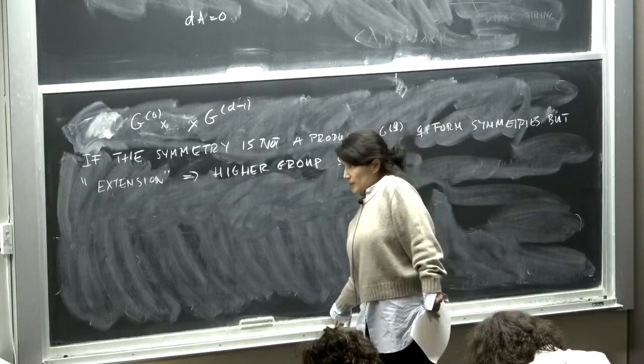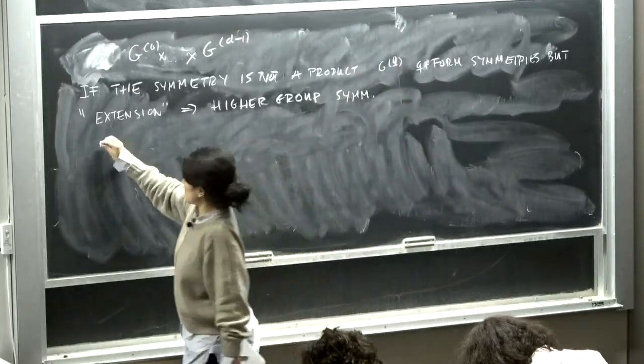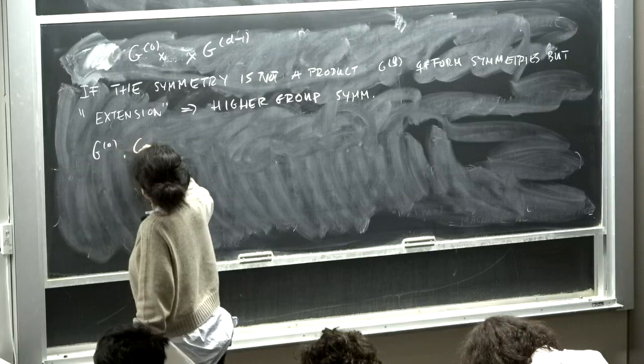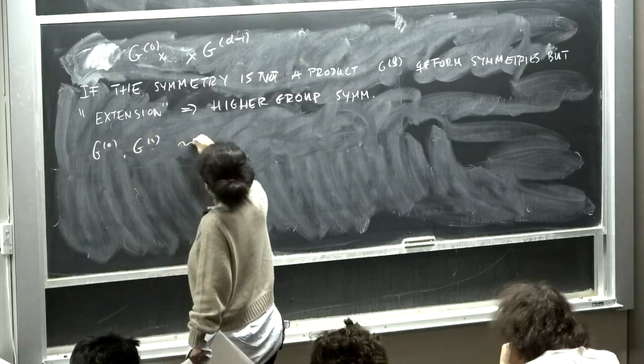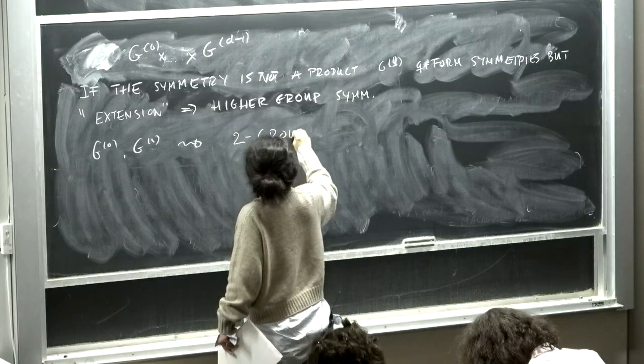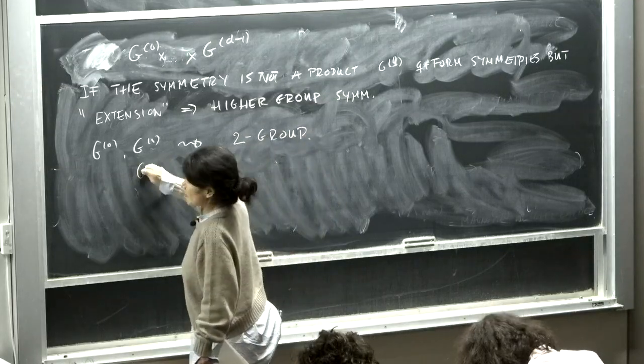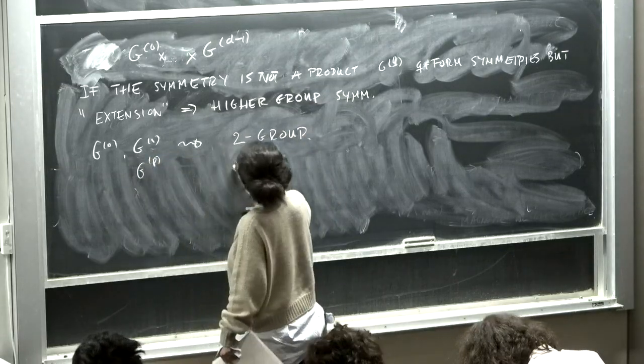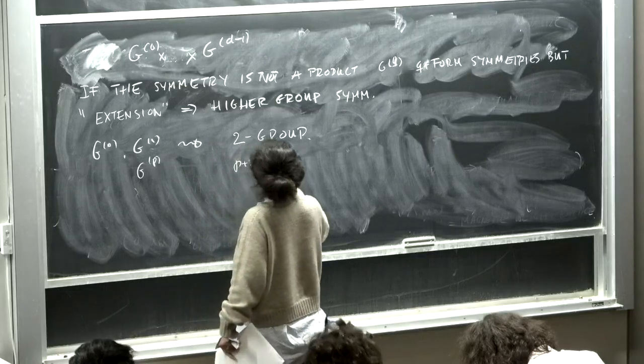If I have just a G0 and G1, then it can form a higher group, which is a two-group. Or more generally, if I have p, then there's a p plus 1 group symmetry.